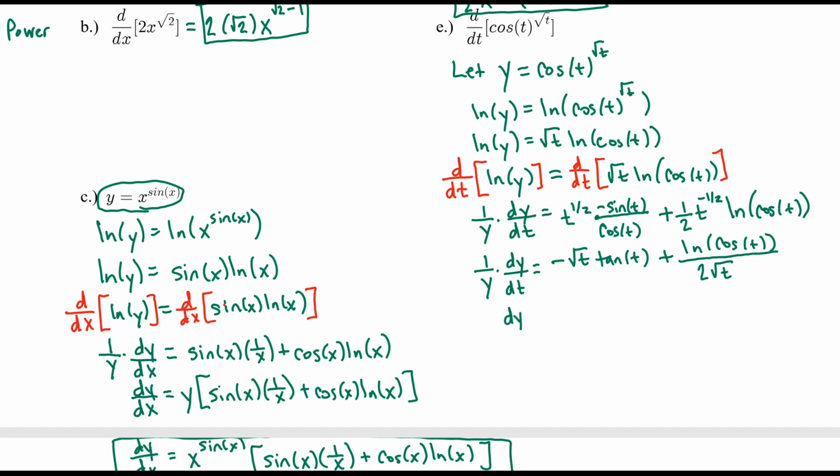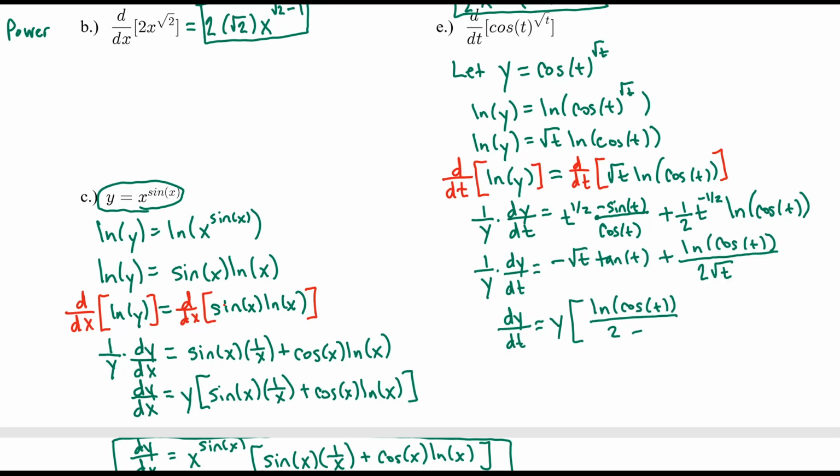Now, the fewer signs we can write, the better. So I'm going to transpose our two terms here so that we can lead with a positive term. I'm going to call it natural log of cosine of t divided by 2 square root of t minus square root of t tangent of t.